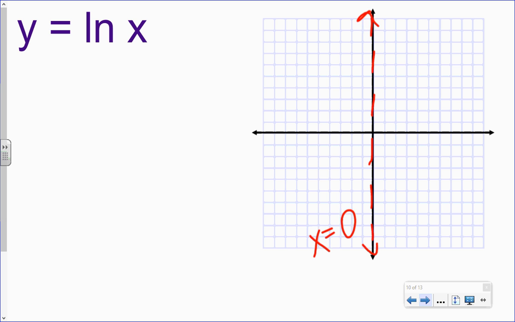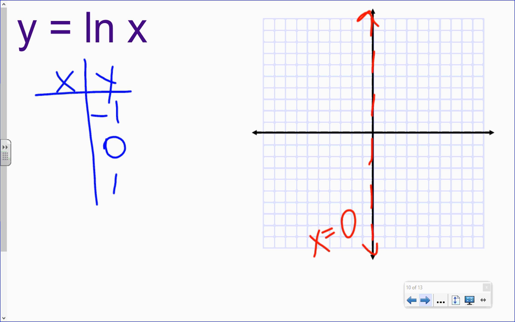I'll ask you for them, and you need to know which graph has a vertical asymptote and which one has a horizontal asymptote. It's only one or the other in these graphs. Since it's a logarithmic graph and we're talking about the parent function, negative 1, 0, 1 is going to go in the y column.